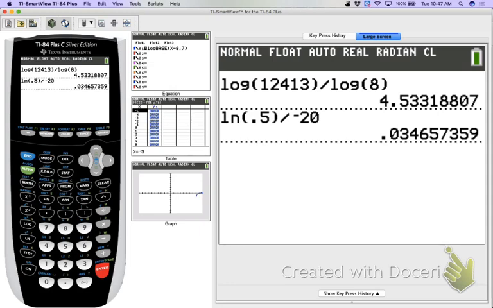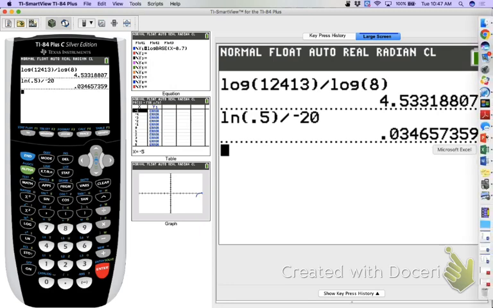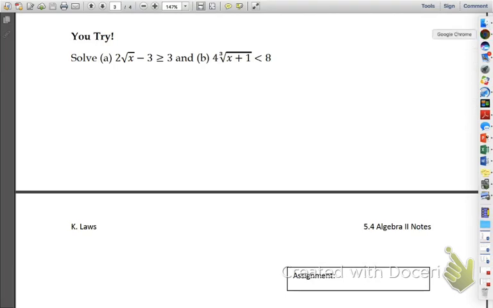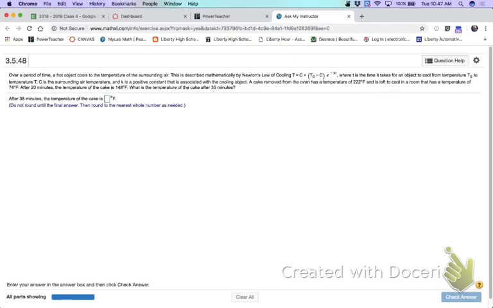I'm just going to go out to 4 decimal places. So my k value is going to be equal to 0.0347.